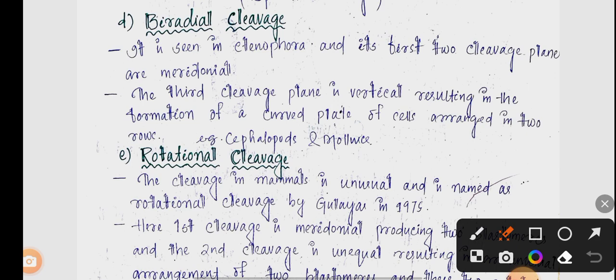Biradial means two types of radial symmetry are seen here.